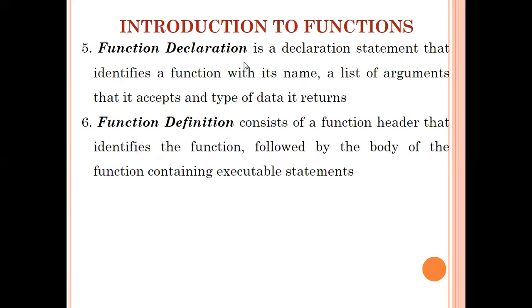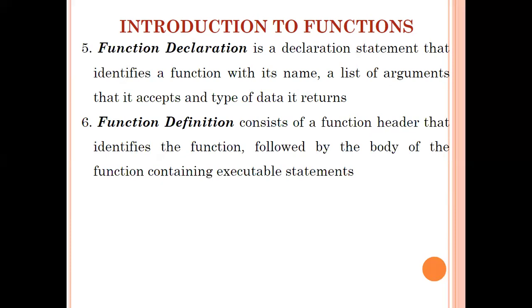This declaration part will be having the function name, a list of arguments or parameters that it accepts, and the type of data it returns. Okay, so we have already seen that the call to a function may or may not return the result to the calling function.